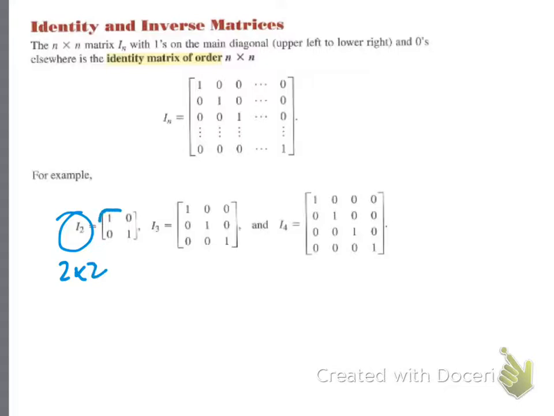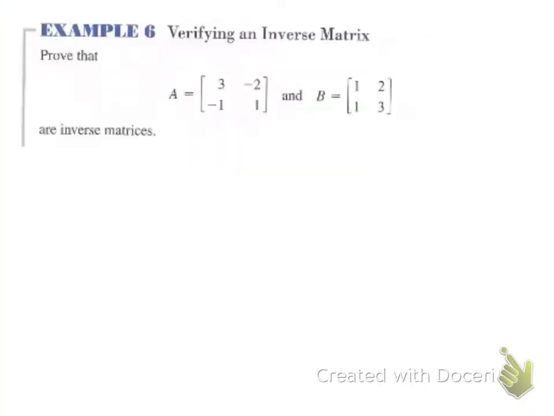And notice you have a 1 on the diagonal, and then you have zeros here. Notice the same thing here. Okay, you have a diagonal of 1s, and all the other numbers are 0. So the only things in your identity matrix are 1s and zeros, and the 1s occur on a diagonal.